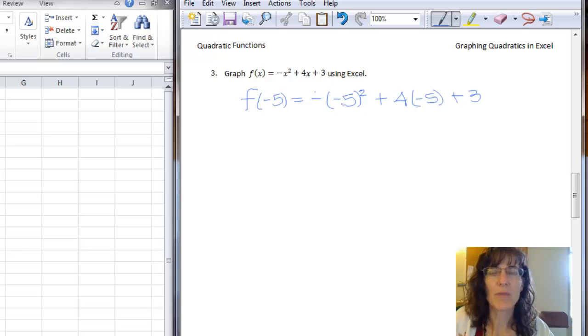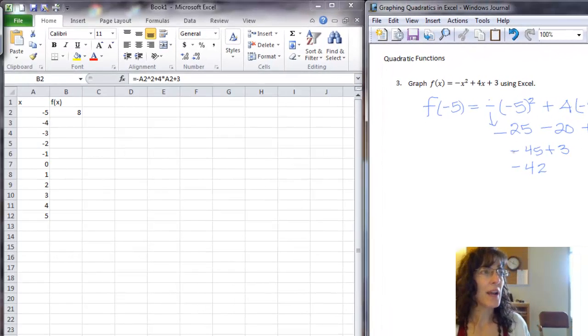So -5 quantity squared is -5 times -5, so that comes to 25, and I have this negative out front that needs to carry down, and then I have 4 times -5, so it's -20, and then +3. So -25 plus -20 is -45, plus 3 is -42. Now that's not what I got. So let's take a look.